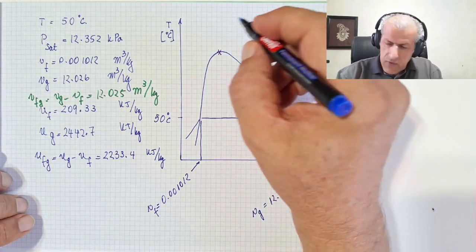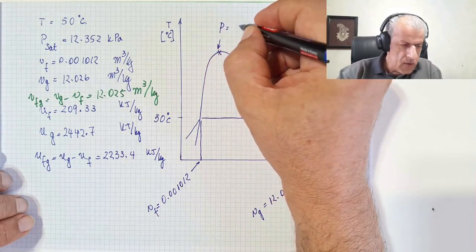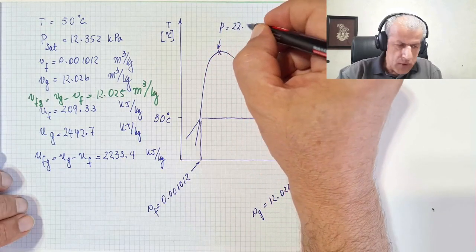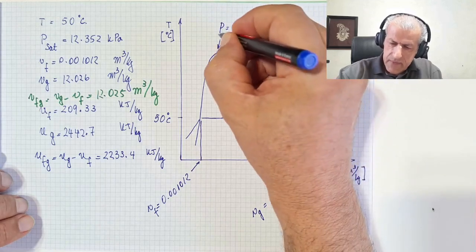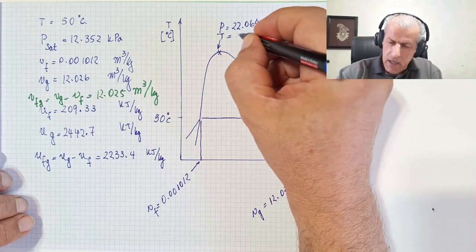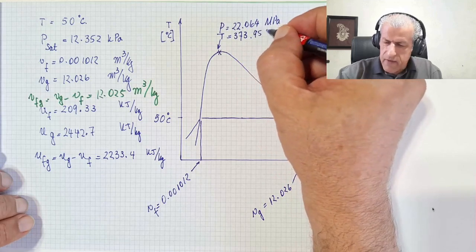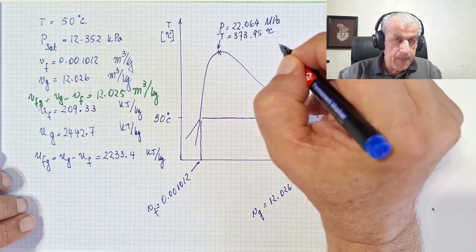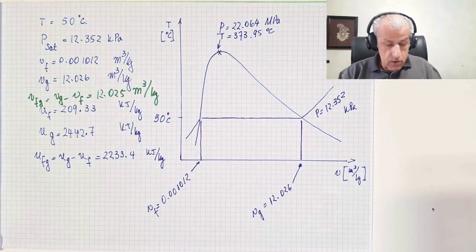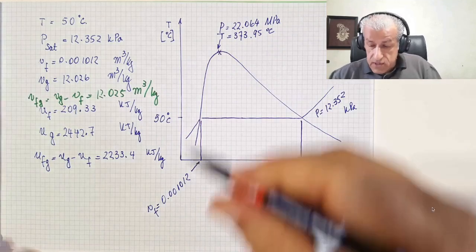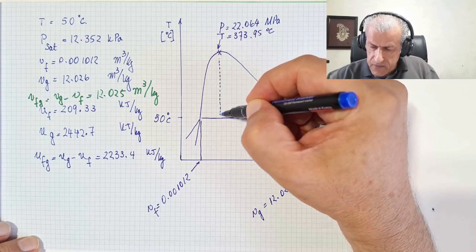And what we know for this point is that P equals 22.064 megapascal, and temperature T is 373.95 degrees C. Added to these two, there's one more property which is of interest to us, and that property is specific volume.